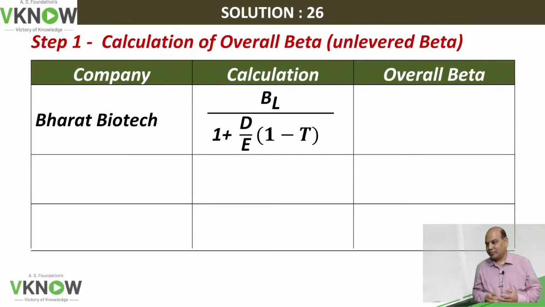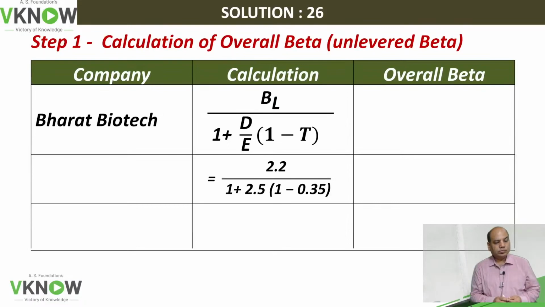Say yes or no. Right below, 2.2, that is your equity beta in the last column, divide by 1 plus debt equity ratio 2.5 into 1 minus tax rate 0.35.